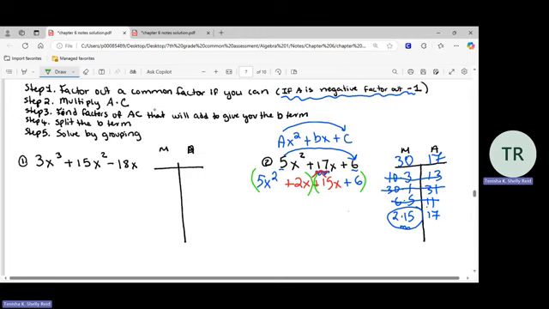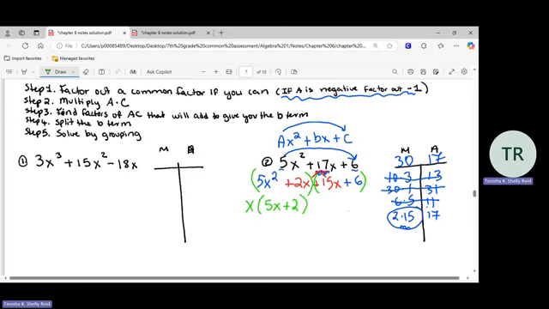But this one has an x squared and this one has an x, so I can factor out an x. That leaves 5x plus 2, since x divided by x leaves no x.